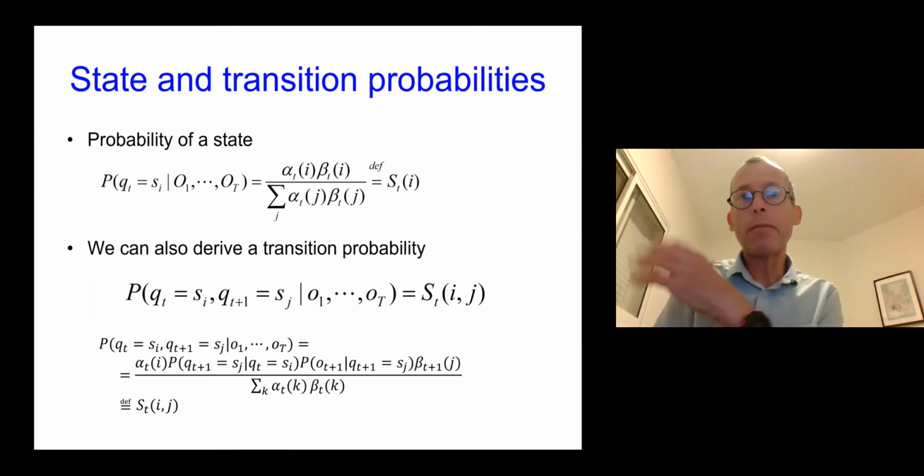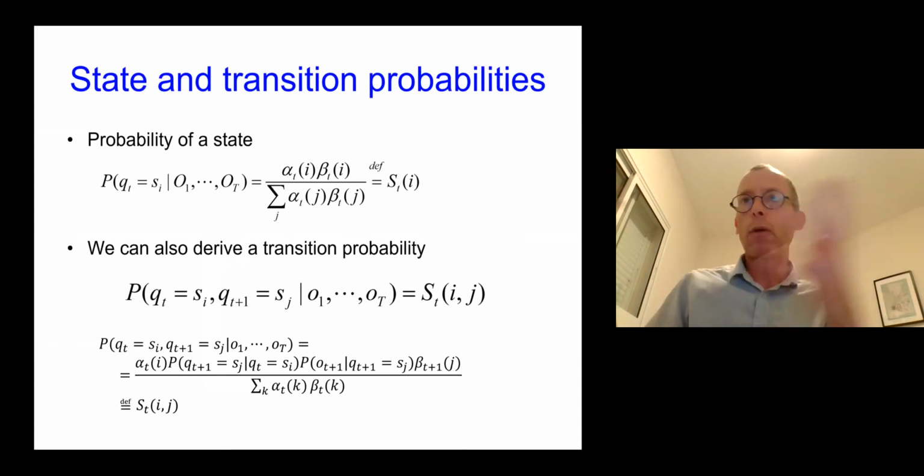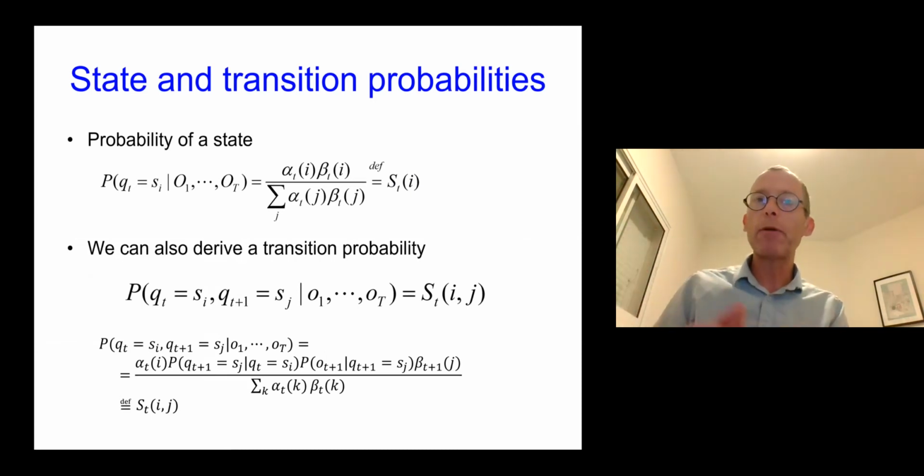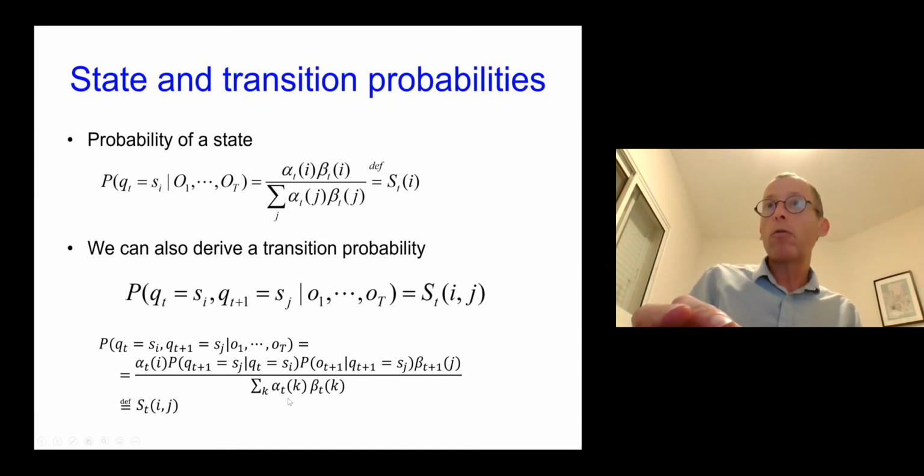Basically, the way to derive it is the same as we did before. So you do P of A and B divided by P of B. The denominator is the same because it's P of O, so it's basically going to be the same. This one, you need to break it slightly more because now you have these two, so you need to include the transition probability, which is why it's not the same.